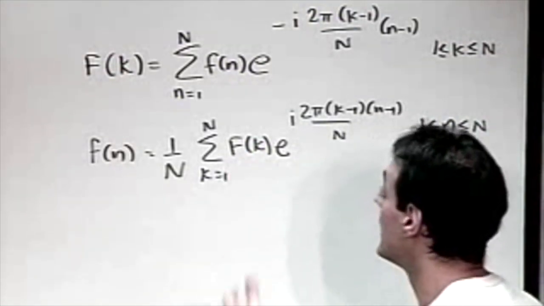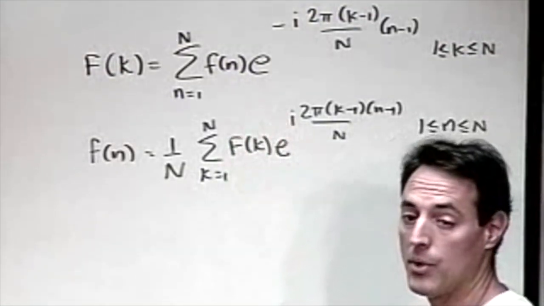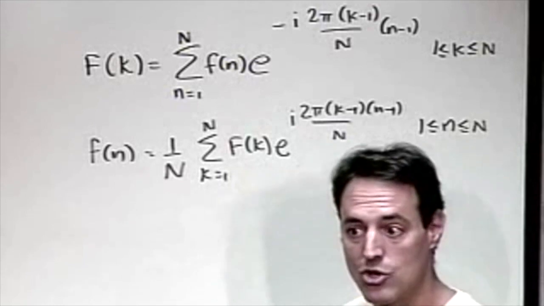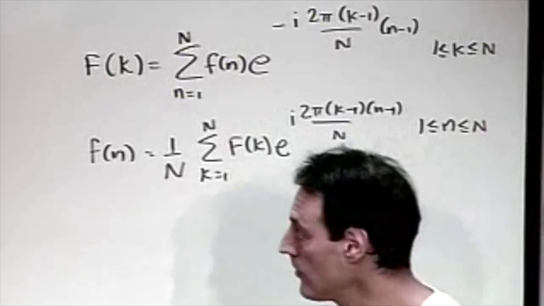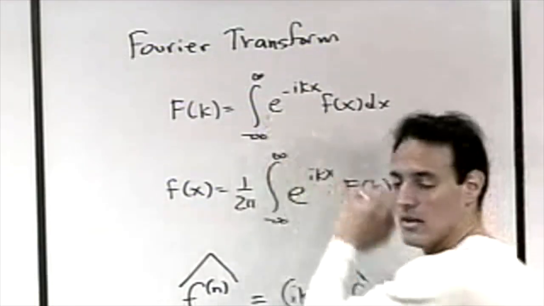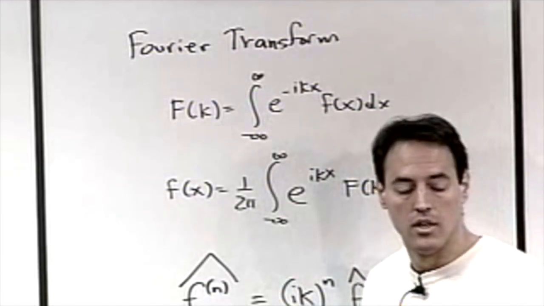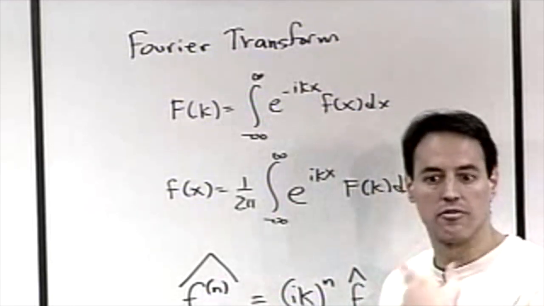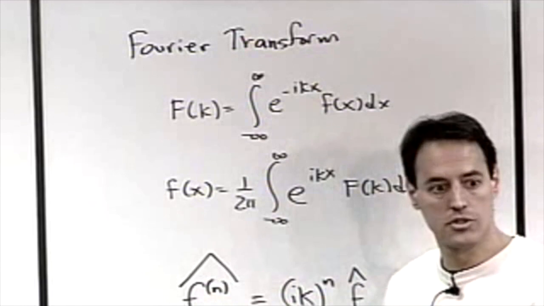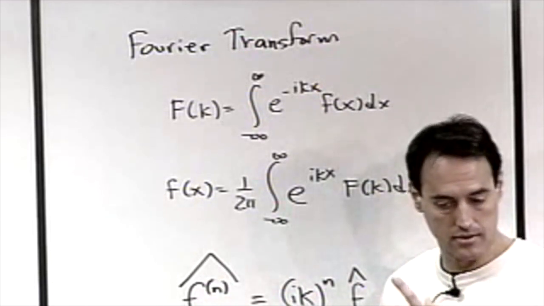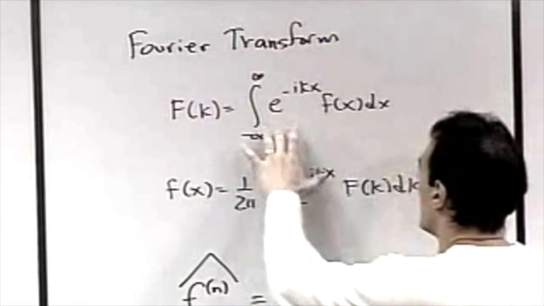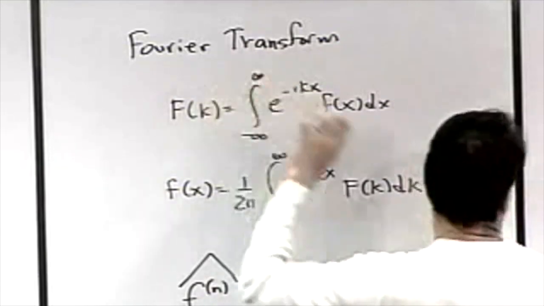So here's basically what happens: now that we go to a finite domain, two things happen. First, this integral becomes a sum. Because now we're only going to add up certain frequency components. Which frequency components? We'll talk about that in just a second. And also, our box size is now going to be limited.